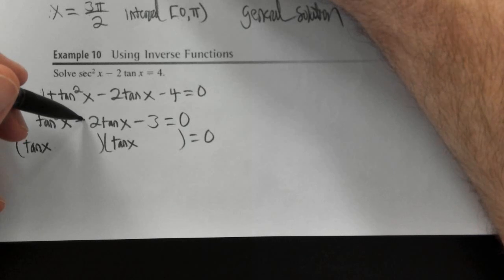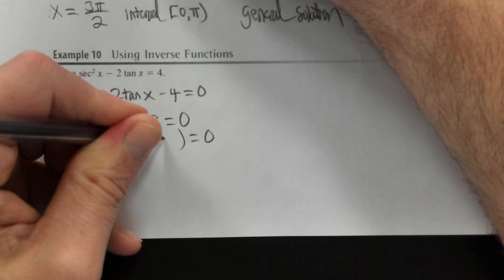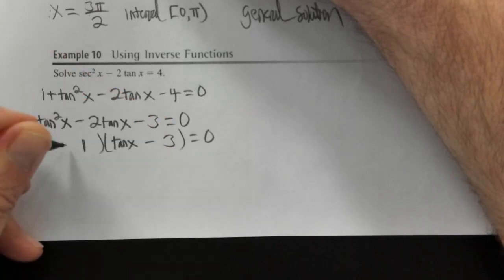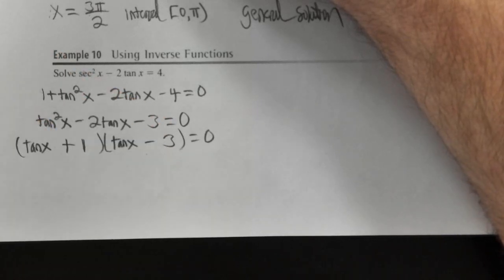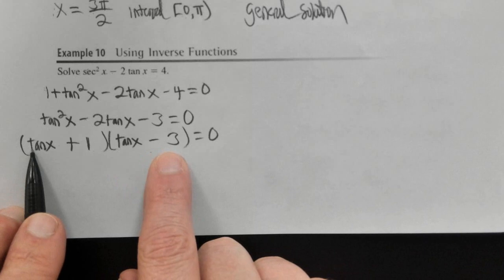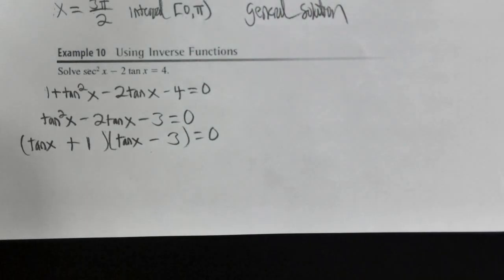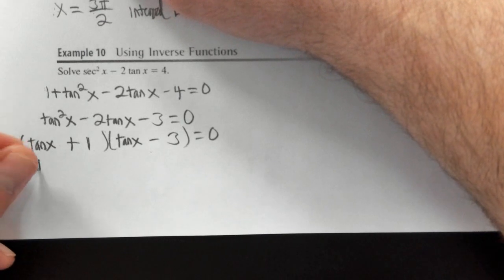And so what that means is, how do I get 3? It would be 1 times 3, and I would need the 3 part of it to be negative to make sure I get negative 2 in the middle. Double check it. That's tangent minus 3 tangents, which is negative 2 tangents. So we're good there. Now we're down to the point where we have two equations.